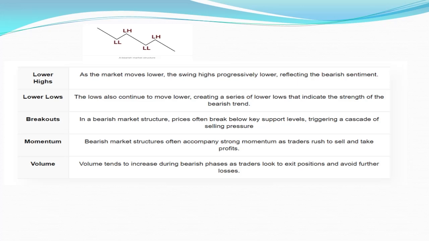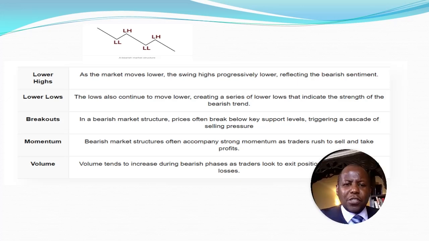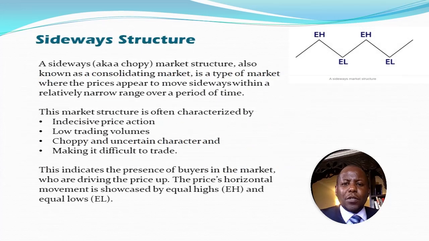So it's important for us to notice this particular trend, what happens in a bearish time, so that we are able to notice this when we come to actual images or actual charts where those things are happening.